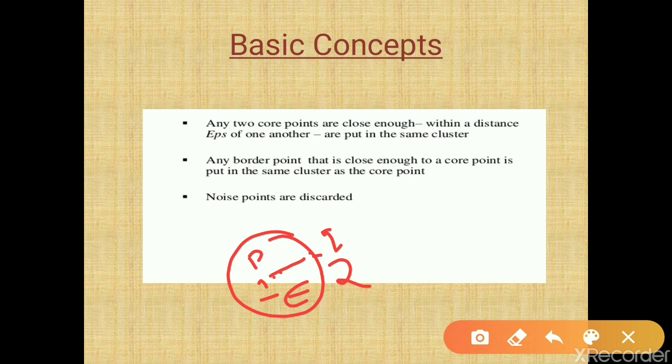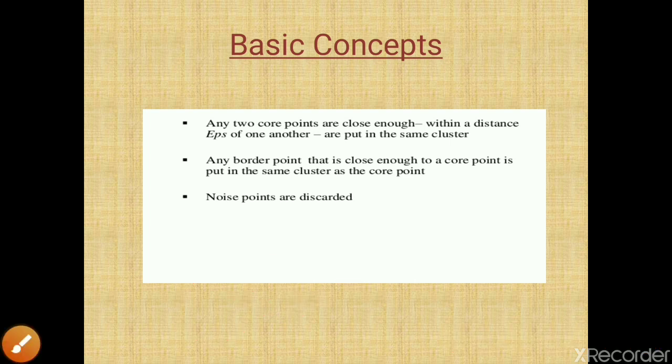Next, any border point that is close enough to a core point is put in the same cluster. Similarly, if this is a border point and it is close enough to a core point, here I am considering P as a core point, then that also comes under the same cluster only. Noise points are outliers, so we will always discard the noise points.